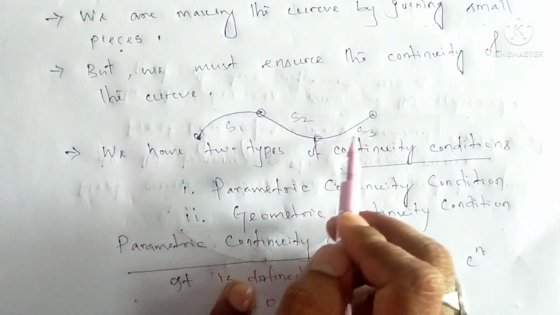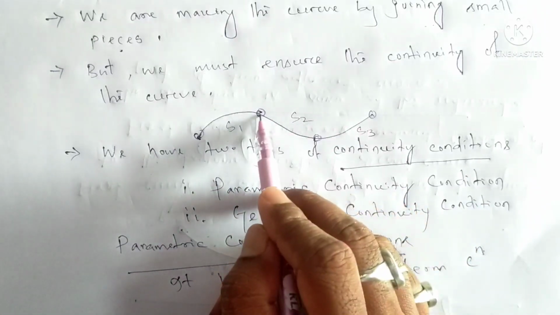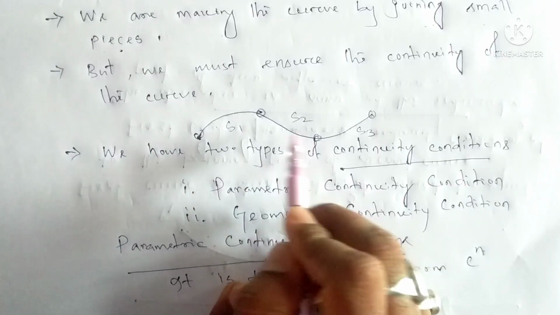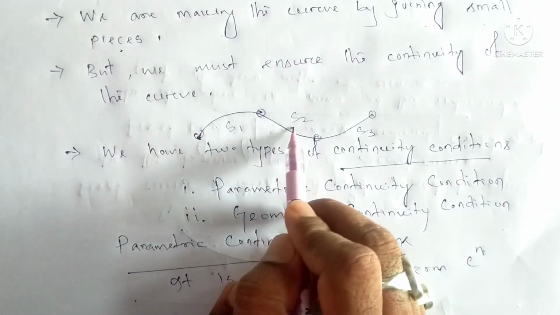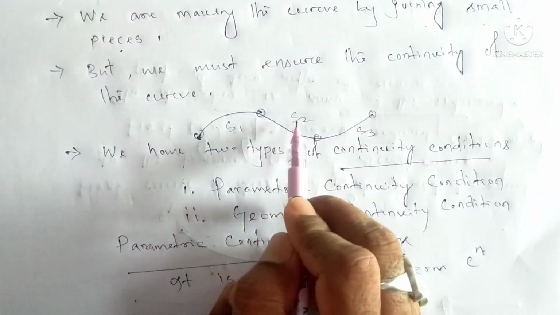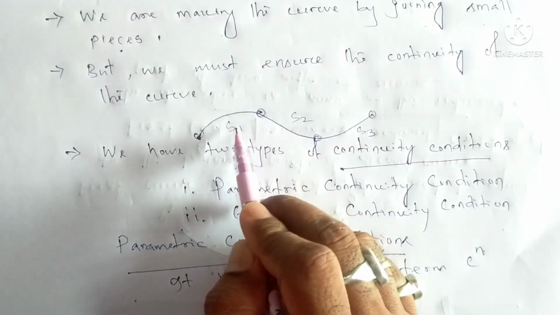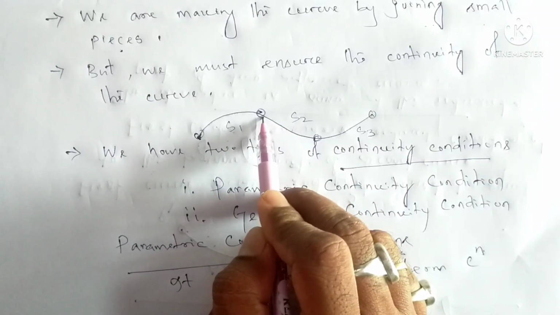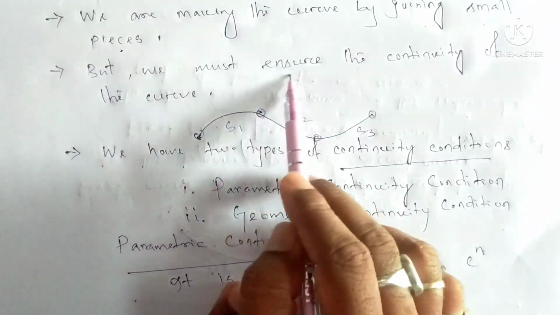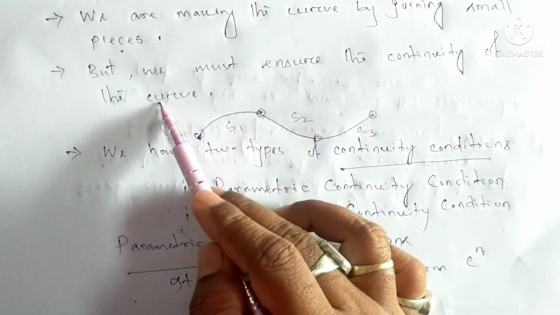If you want to make the continuity, then the joining point should be the same. That means the intersection point between the 2 segments S1 and S2 should be the same in order to maintain the continuity. So that's why we must ensure the continuity of the curve.